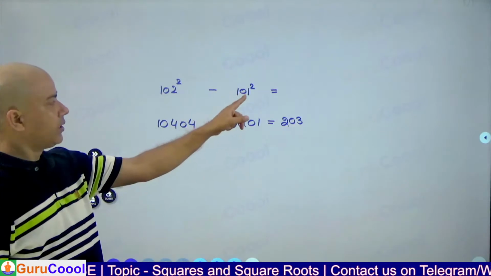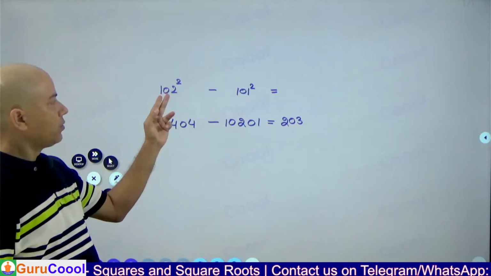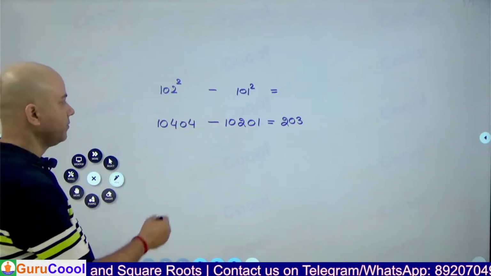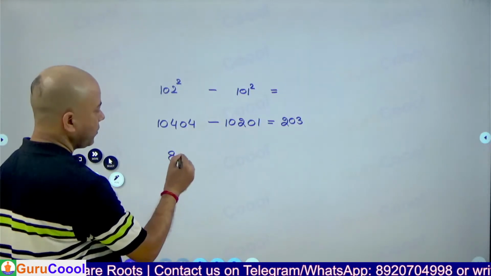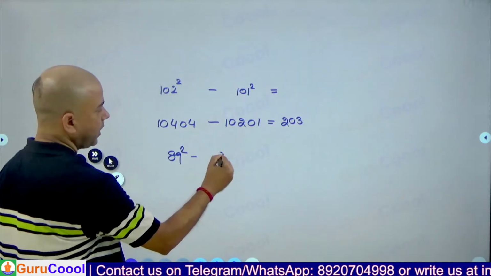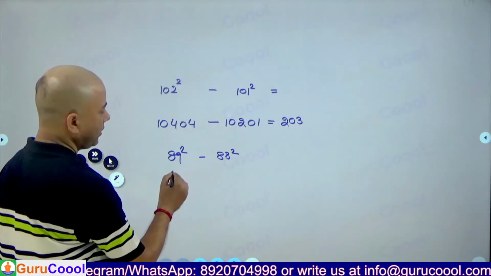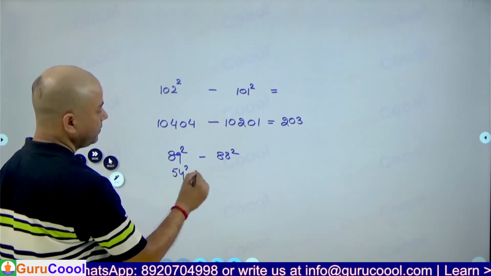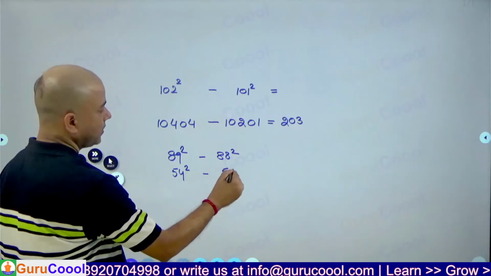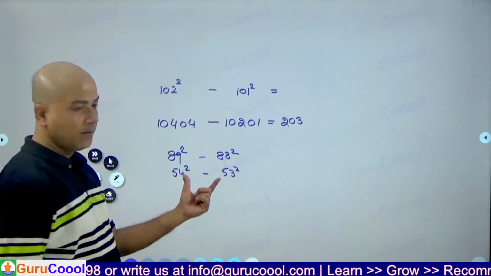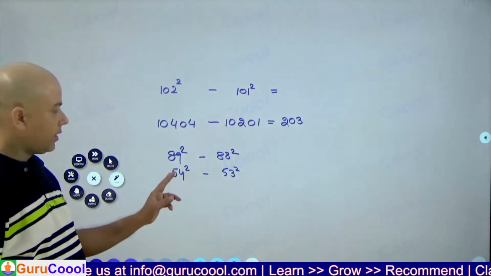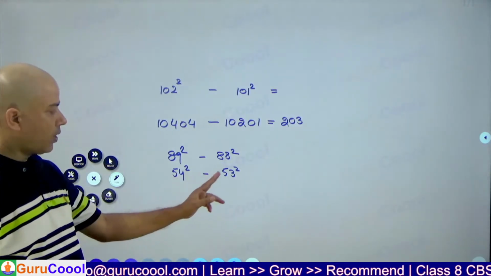102 square minus 101 square. Like 89 square minus 88 square. Like 54 square minus 53 square. Just one difference, a bigger number and one smaller number.